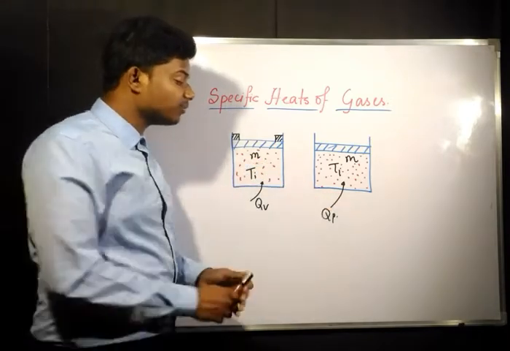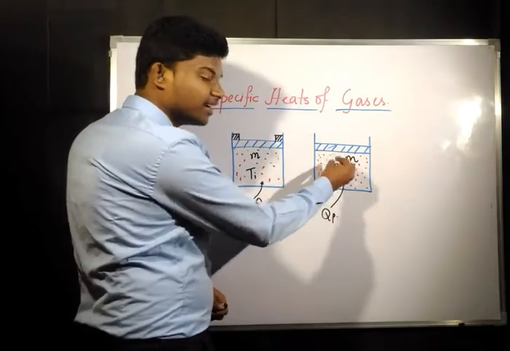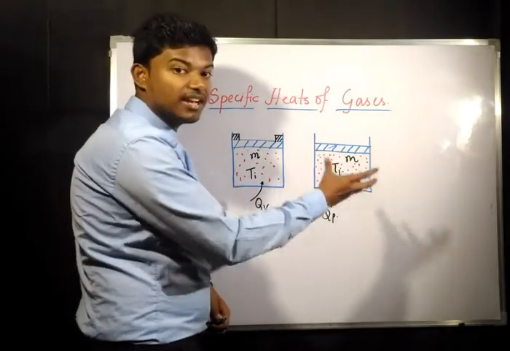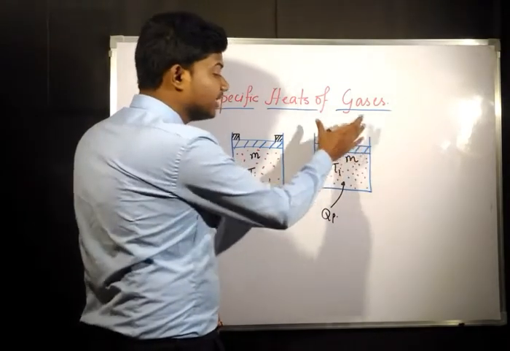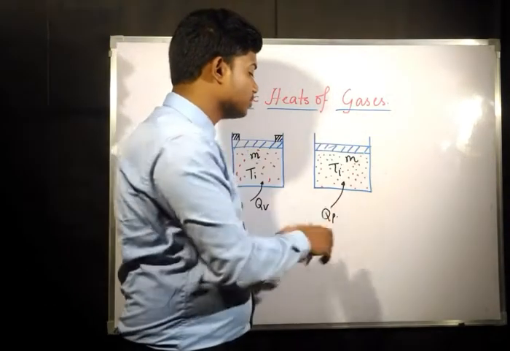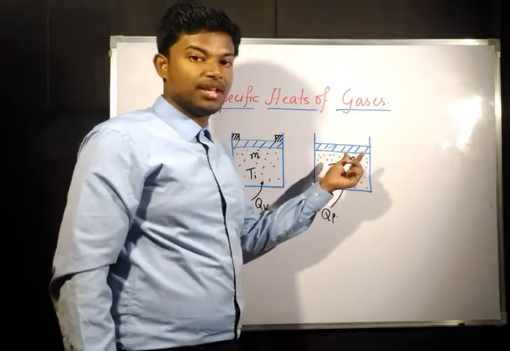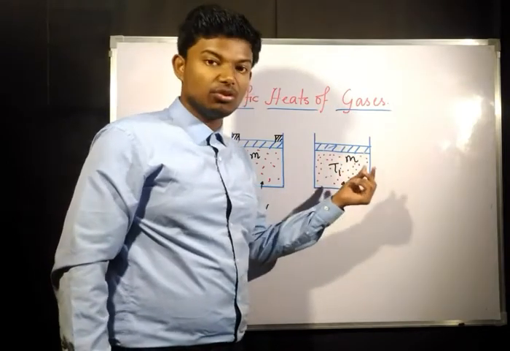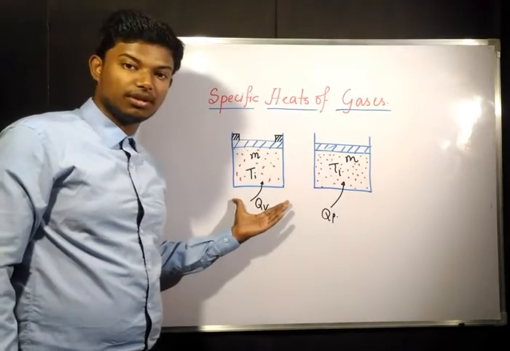But in this case, if you give some heat, some of the heat is going to increase the internal energy, but most of the energy is expended in raising this piston. Some of the heat from QP is expended, and internal energy also rises, but by a very small amount in comparison to this one.